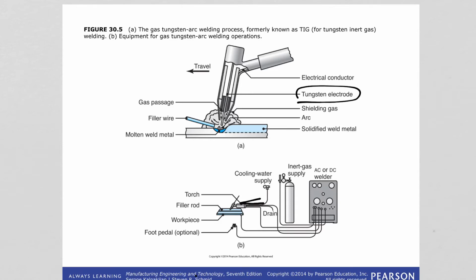You see these are attached to the inert gas supply, and there is the filler wire, and you see the shielding gas is forming. That's it.